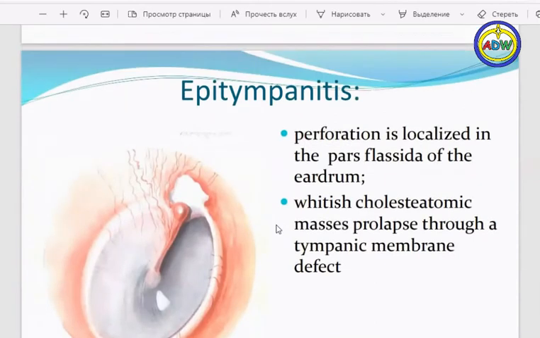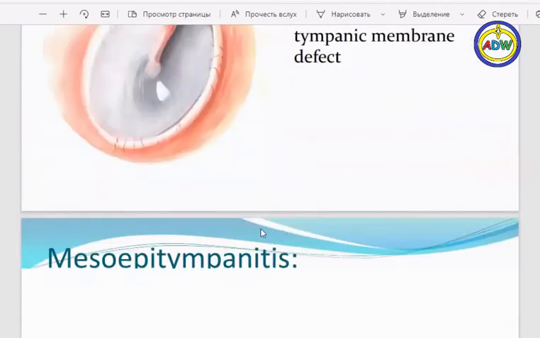Okay, next, epitympanitis. What is it? Perforation is localized in the pars flaccida of the eardrum. Whitish cholesteatomic masses prolapse through a tympanic membrane defect.